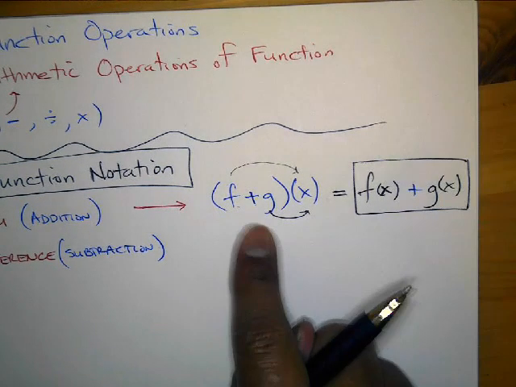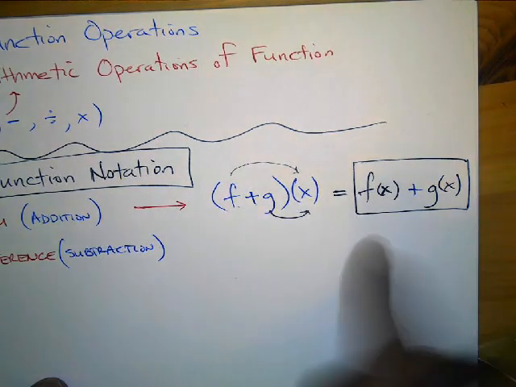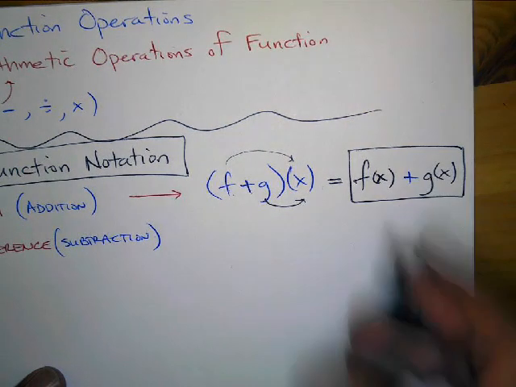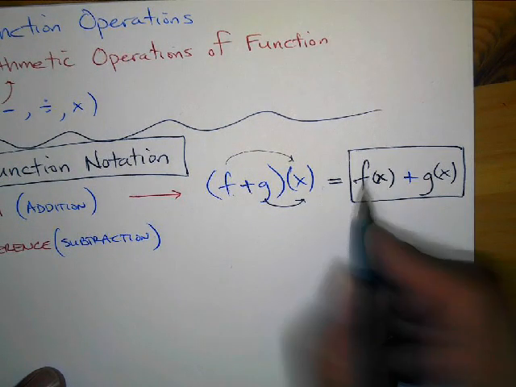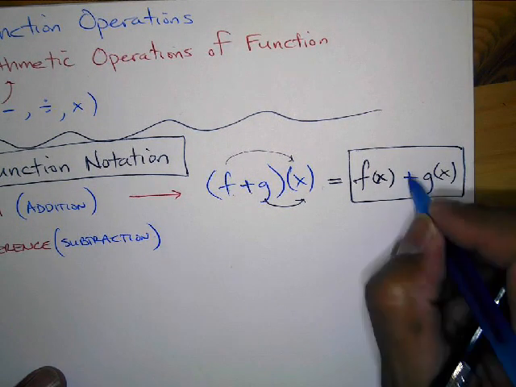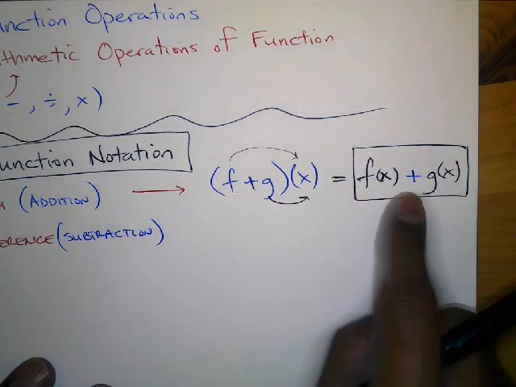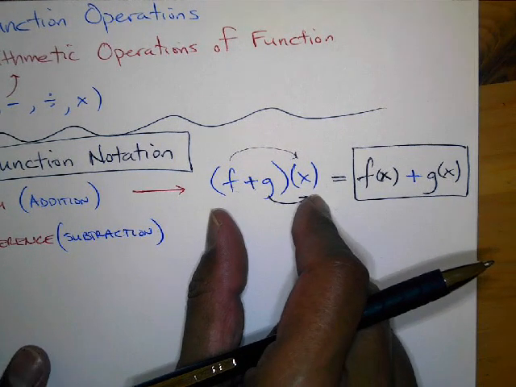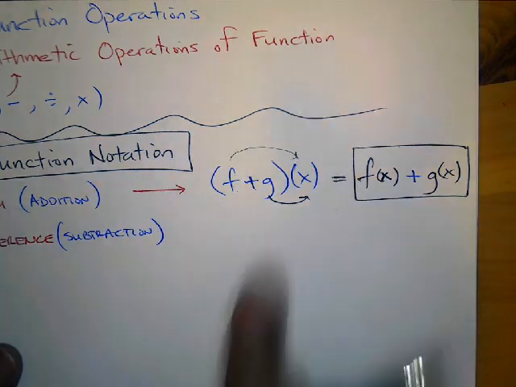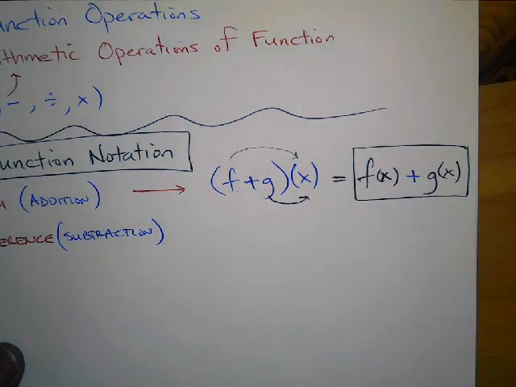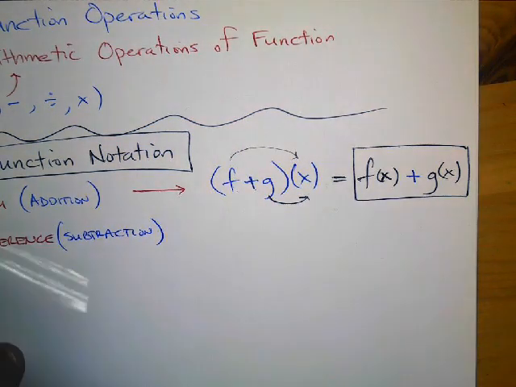This is the fancy notation, but this is what it means: whatever f of x is, add it with g of x. Sometimes they will write it like this in the first easy problems, but after that they're going to write it like this. It's the fancy notation, but it really means this.